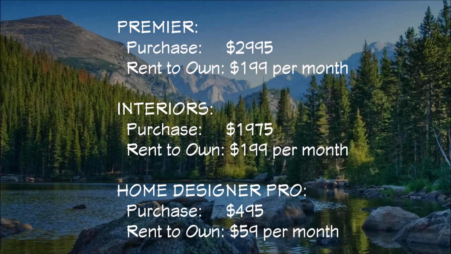However, like I said, it is the same software and it does quite a bit of the same thing. There just are some limitations to it. And that's reflected in the price. It's $495 to buy it outright, or $59 a month to rent or rent to own. So it's very reasonable, and it does quite a bit. And then you can always upgrade from there.